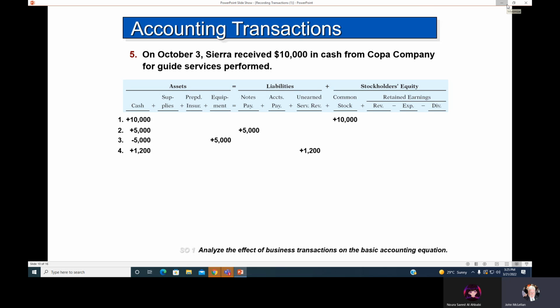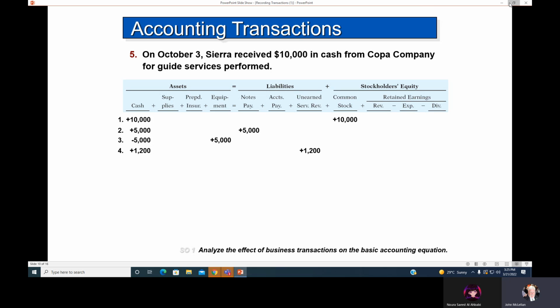So now on the third, I received $10,000 in cash for guide services I performed. Well, obviously that's a transaction. I performed a service and I received the money. Which two accounts? Cash?